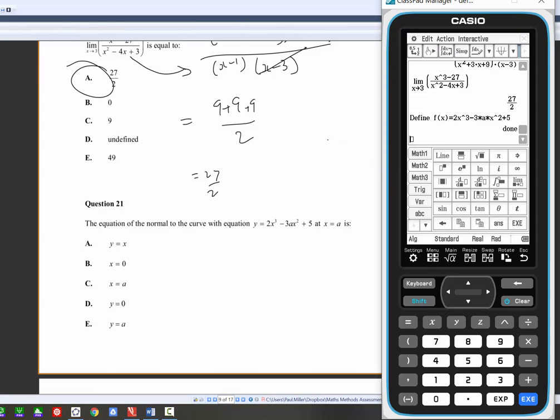Why don't we find out where the stationary points are? Diff. So that's the derivative function. Solve the derivative function equals 0 for x. Aha, okay, that's it.